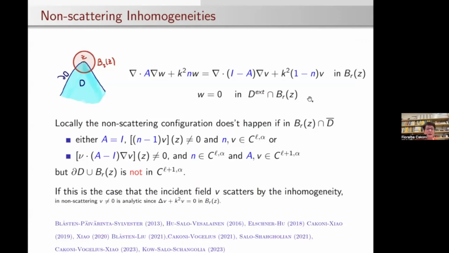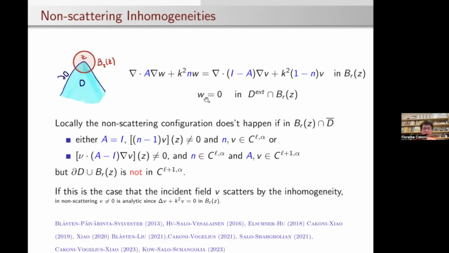So roughly, this result, there are a lot of equations here, says that if there is a boundary point, okay, where the coefficients are regular, say C infinity, and the contrast doesn't vanish at Z, but the boundary locally near Z is not sufficiently regular, then we cannot have this hold.